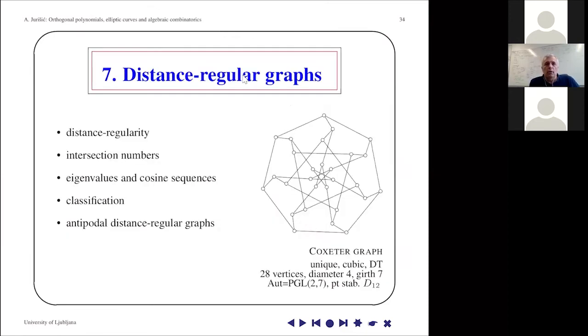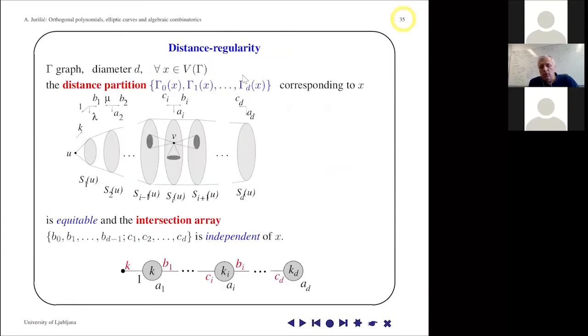Okay, now the distance regular graphs. In a way, they're just a presentation of discrete orthogonal polynomials in some sense. And of course, I think Jack already talked about distance regular graphs, so I don't need to define distance regularity. He also mentioned that we have the intersection array.